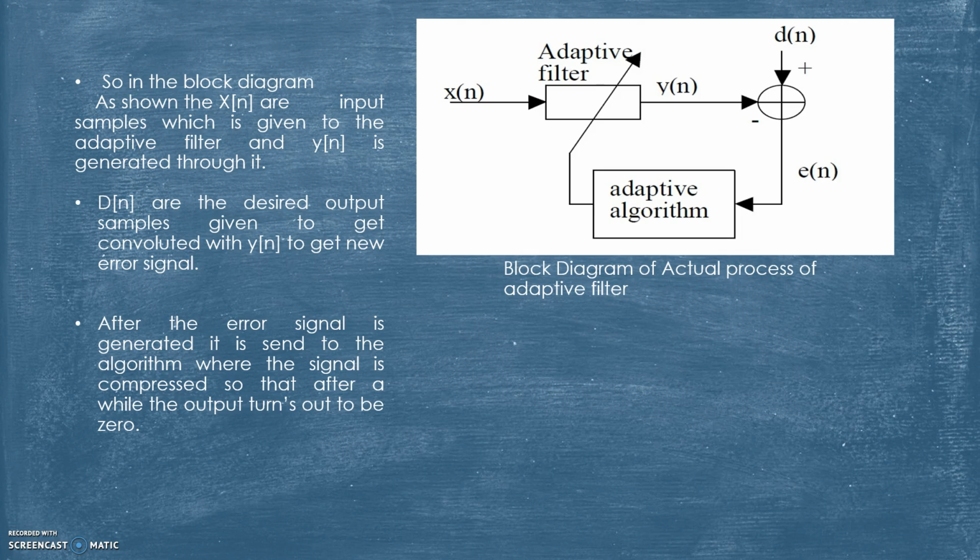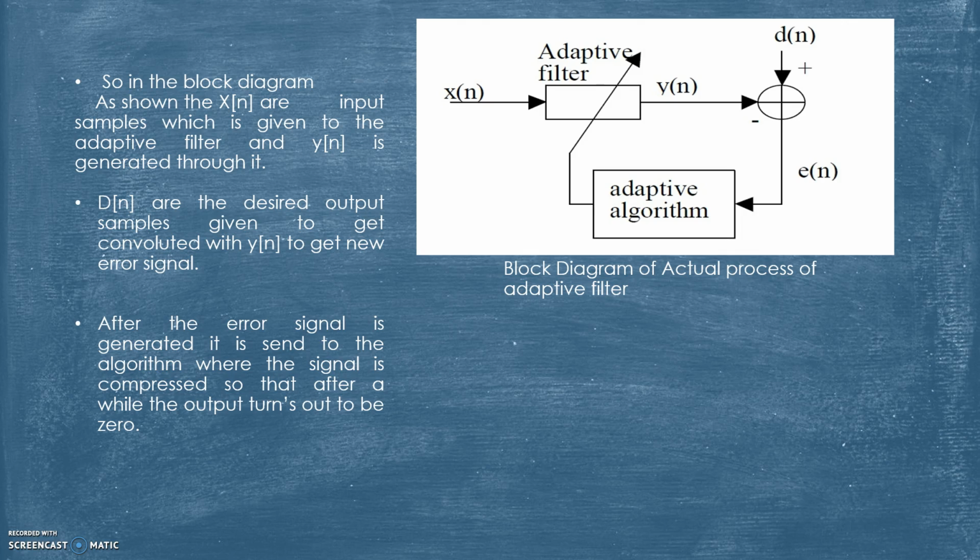Once we get the output signal, we'll be checking it against the desired signal. So if the desired signal and the actual signal are the same, there won't be any error signal generated. But if there is a difference between them, there will be an error signal generated.